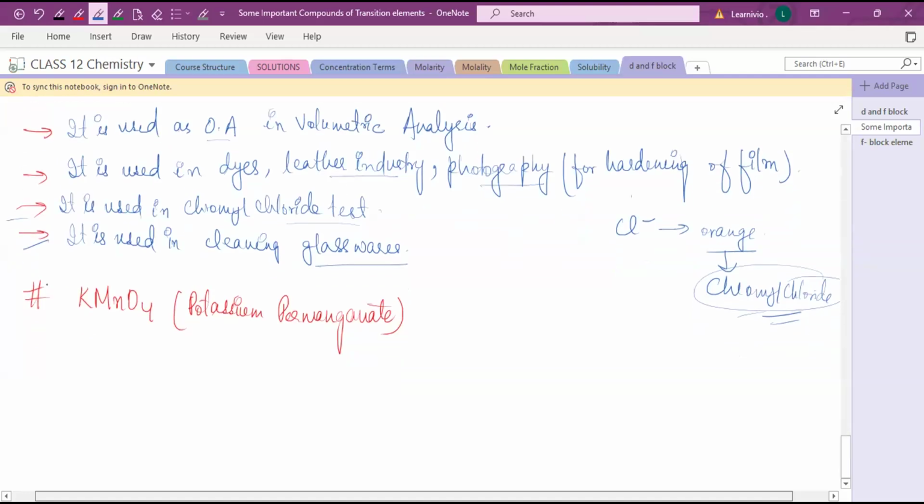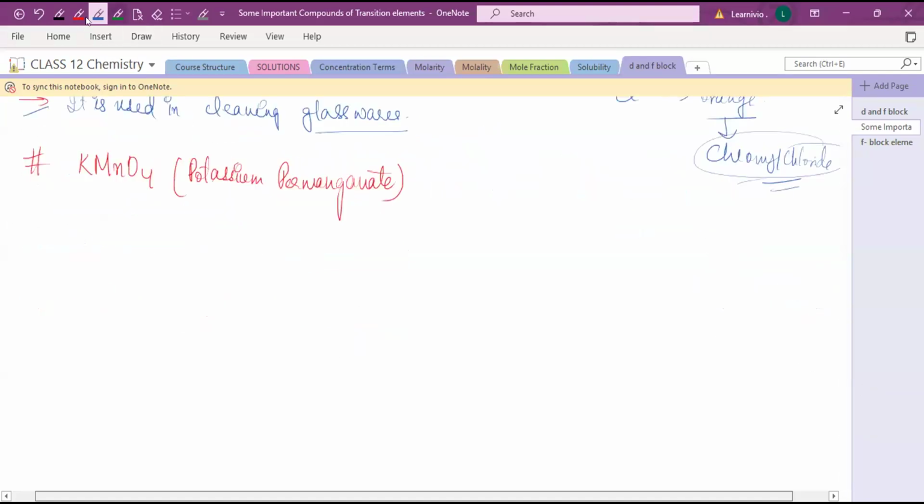Next is potassium permanganate, KMnO4. Now, how is potassium permanganate formed? First is the method of preparation. Potassium permanganate is prepared using two methods.